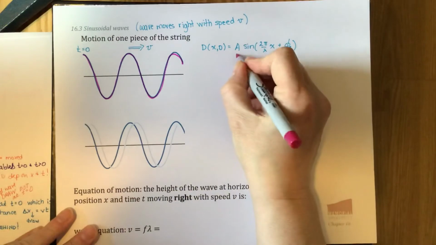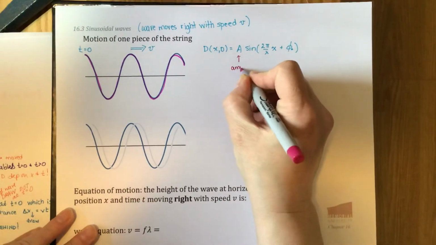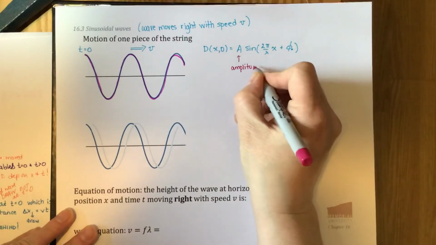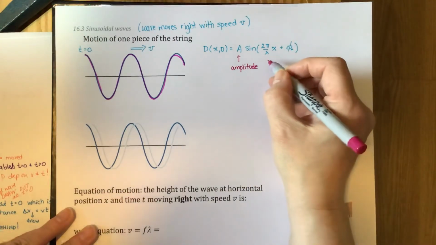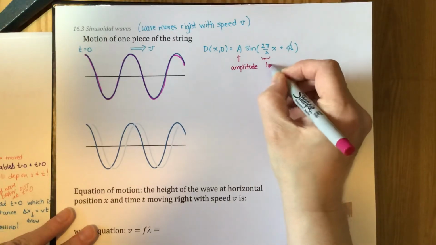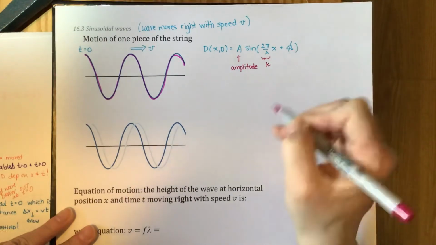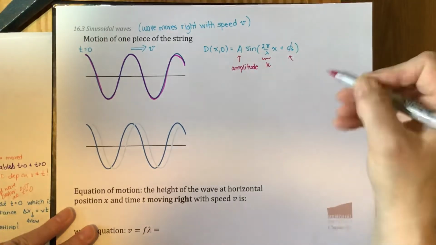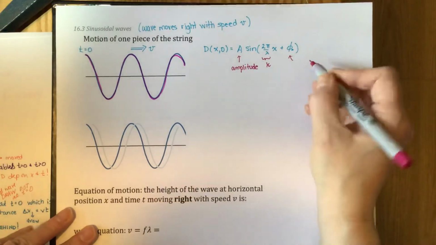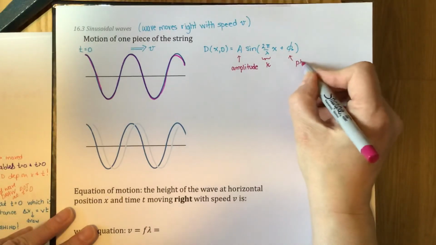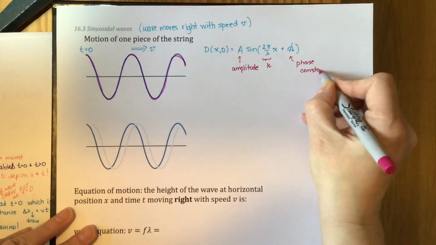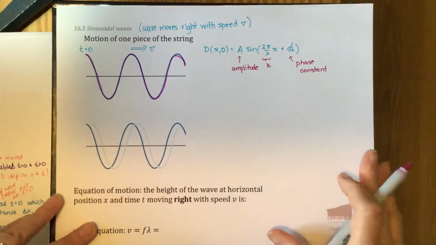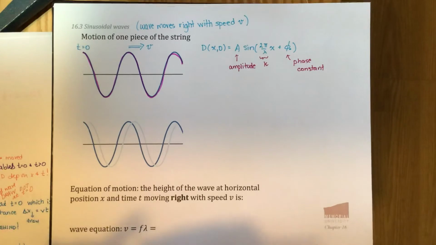So A is the amplitude. 2 pi over lambda means it repeats every wavelength, so this part is our wave number k. And then phi naught is our phase constant, which means our wave doesn't have to start at t equals 0. These terms are probably new to most of you, so it doesn't hurt to say them a couple of times over.